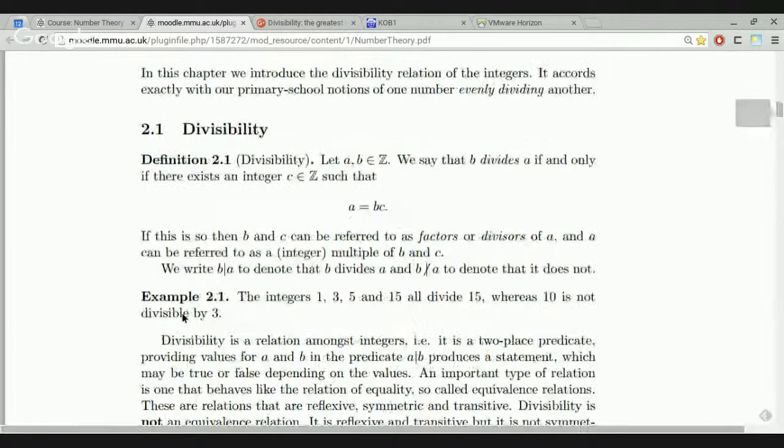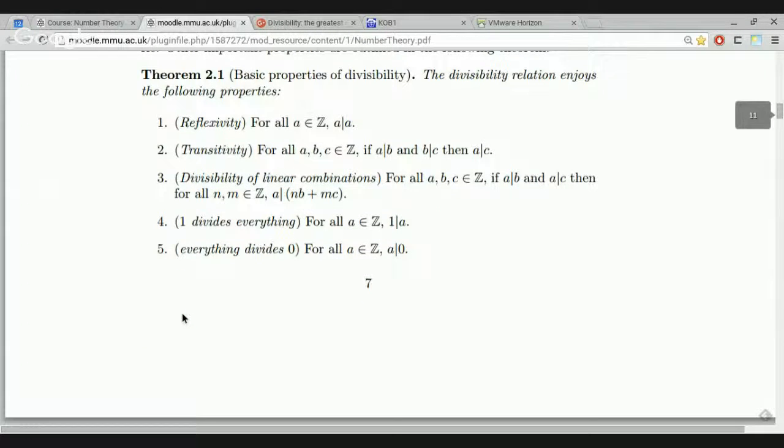The potential for error here is you read this the wrong way and you say it's saying that B is divisible by A, or A is dividing B. That's not what it says. It says B divides A. So the straight line symbol means it divides. And we then went through a number of proofs, and this was all the parts of theorem 2.1, and these were basic properties that the divisibility relation has.